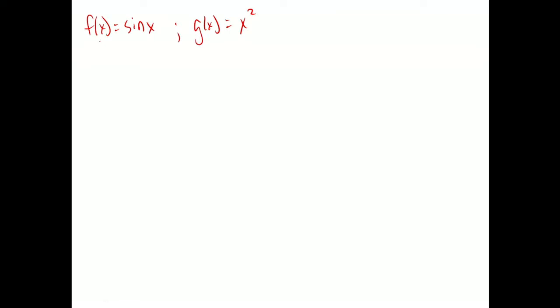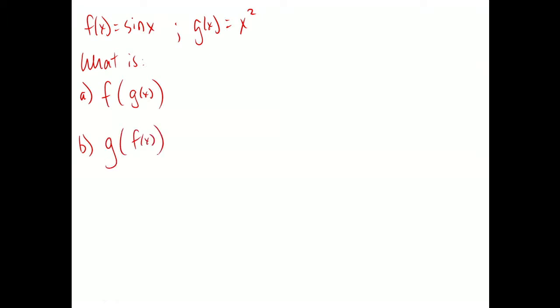And by that I just mean, what do I get? Whoop. Okay, that looks like a W, right? Yeah, no it doesn't. What is f of g of x, and what is g of f of x?